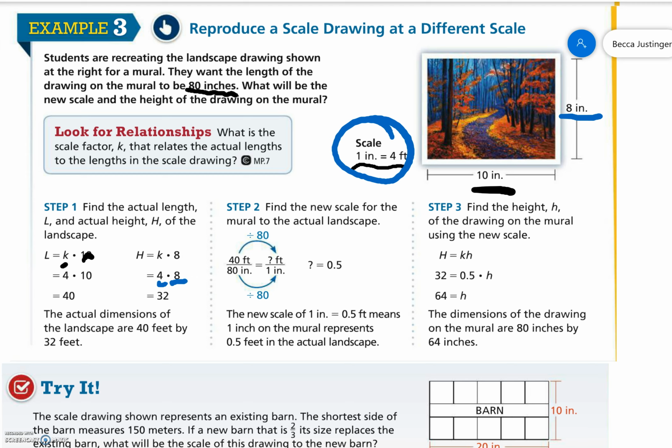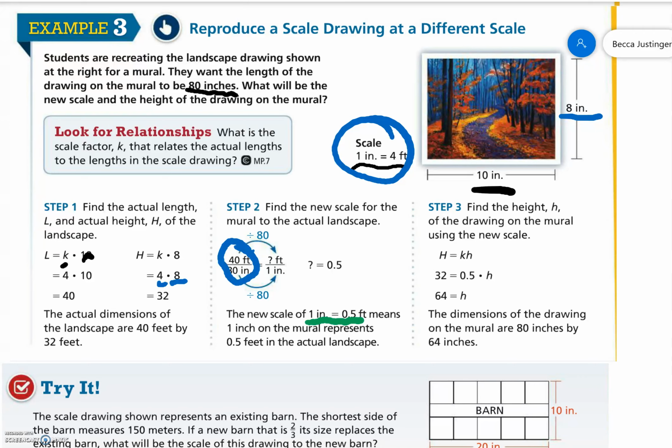So the actual dimensions are 40 by 32. Now we want to do a new drawing with 80 inches. So 40 over 80 is our new scale, and we need to reduce it so that it's a unit rate. So we divide by 80 on both the top and the bottom. So the new scale is for every 1 inch, it's half a foot.